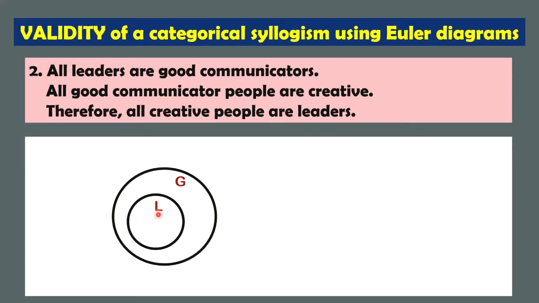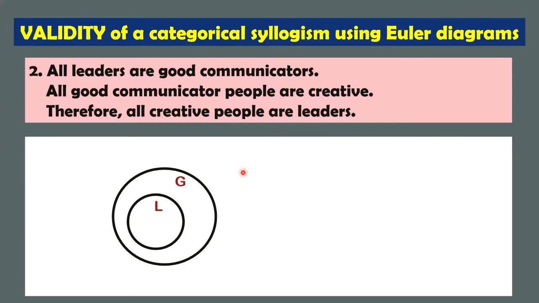Okay? So, properly contained yung leaders. Okay? Now, let's have the second premise. Sabi dito, all good communicator people, so lahat daw itong G na ito, this set G, are creative. So, we need to draw another set, and this is set C for the set of creative people.